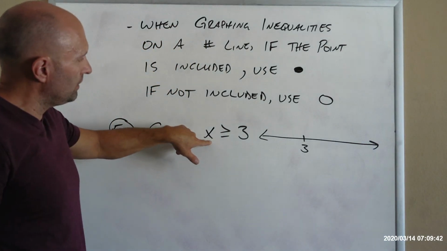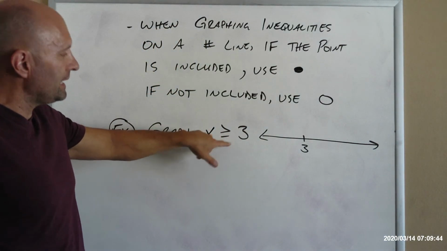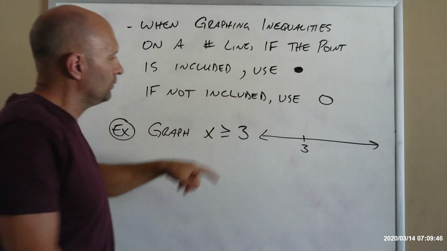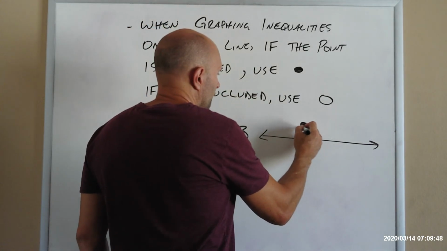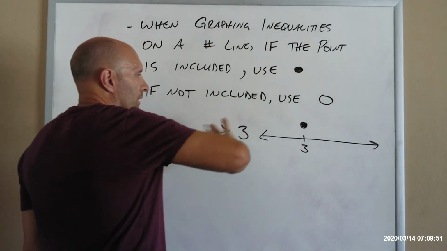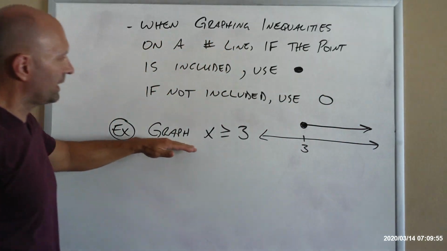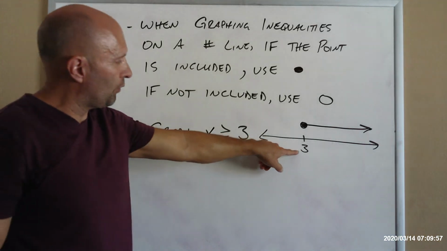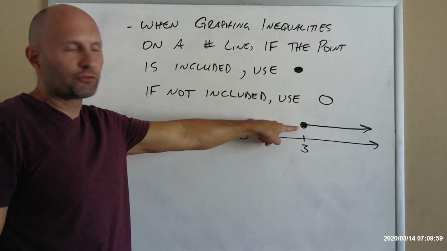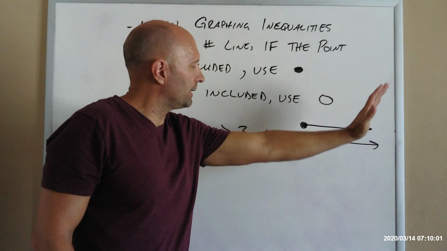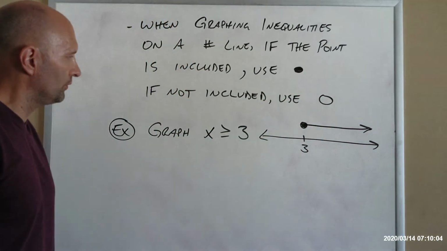Is it included? Well, x is greater than or equal to 3. So yes, it's included. So I use a closed circle. And it's everything going up to infinity. So that's how I graph inequalities. Is the point included? Yes, it is. So it's a closed circle. And it's everything greater than 3, so everything towards infinity.